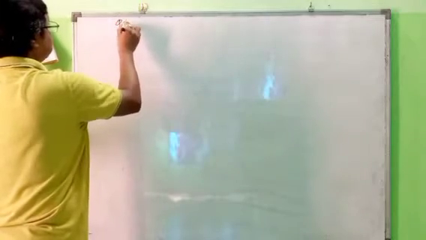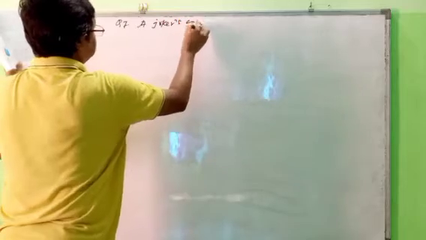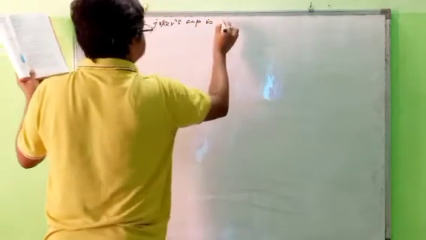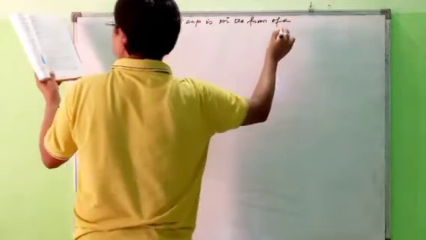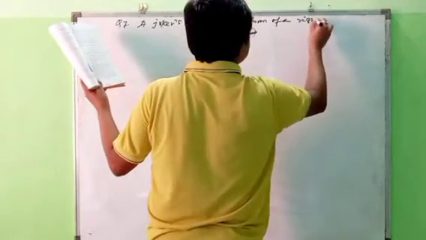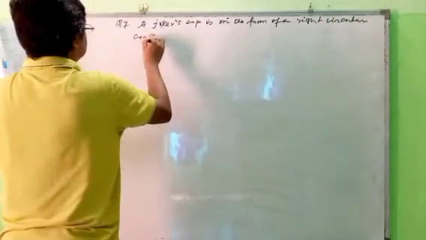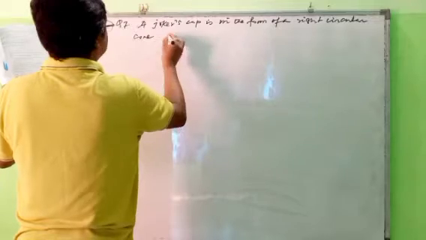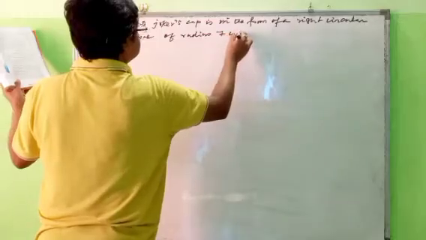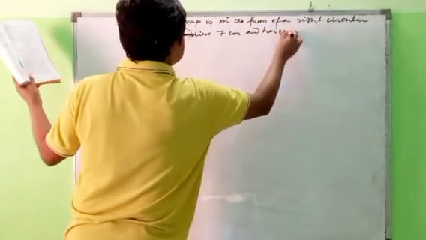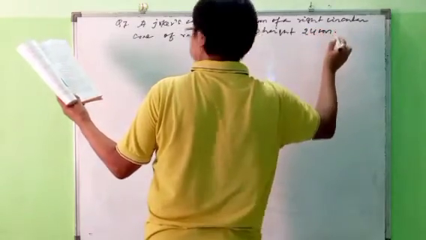Let us take question number 7. A jogger's cape is in the form of a right circular cone of radius 7 centimeter and height 24 centimeter.